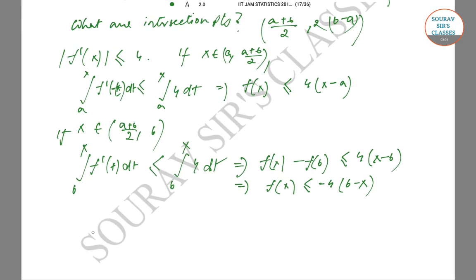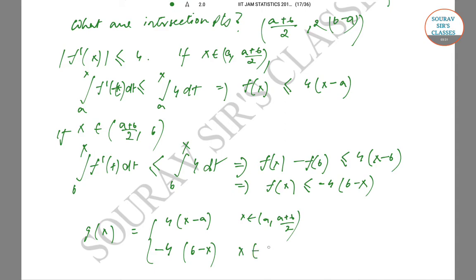So let g(x) equal 4 times (x - a) if x belongs to [a, (a + b)/2] and -4 times (b - x) if x belongs to [(a + b)/2, b].